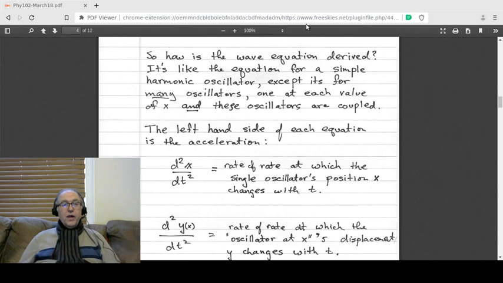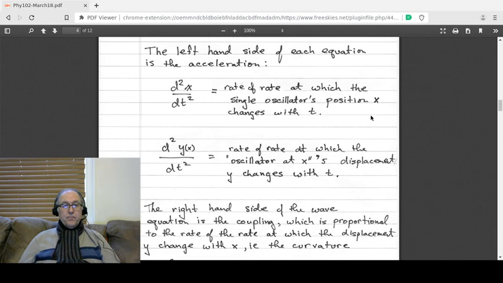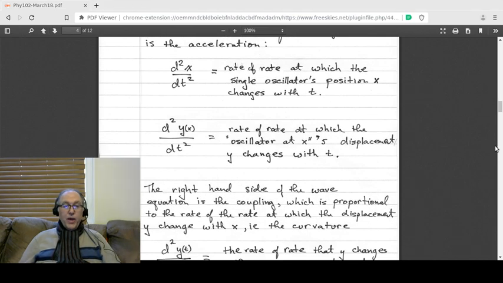If you take a look at the left-hand side of the wave equation, it looks an awful lot like it. You'll notice that I wrote y of x, so d2 y of x over dt squared. Why did I write y of x? Because I'm saying look at point x. There's an oscillator at point x, and y is the displacement of that oscillator.